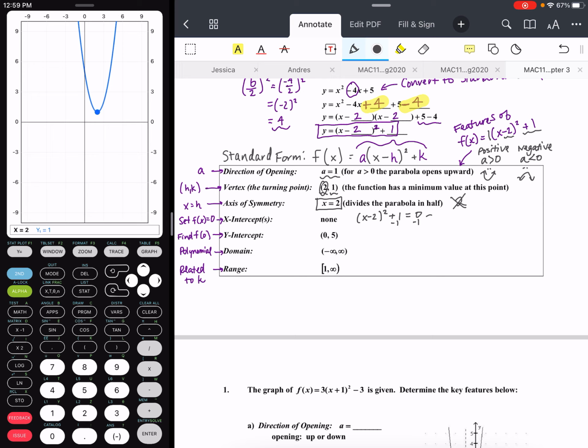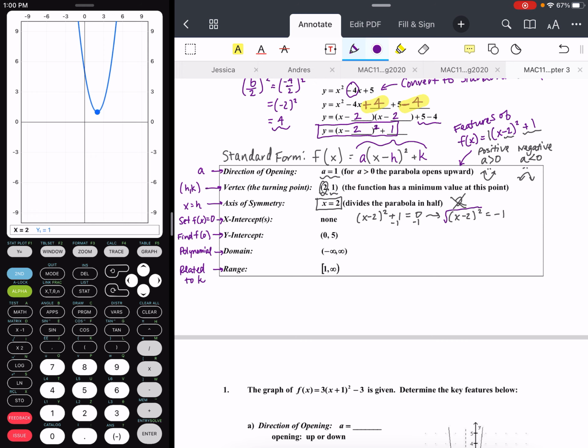I would subtract 1 from both sides, and this gives me x minus 2 squared equals negative 1. And at this point, I can actually see that this isn't going to work out. If I square any real number, I'm not going to get a negative 1, right?